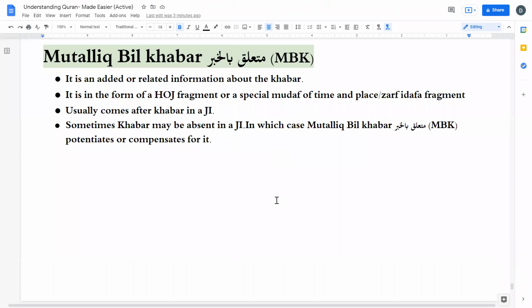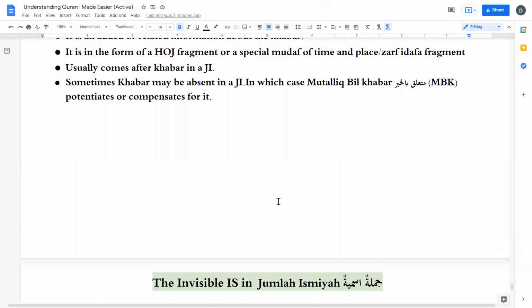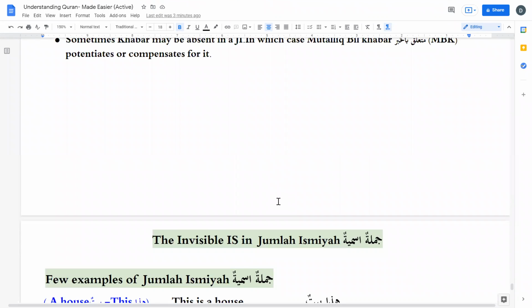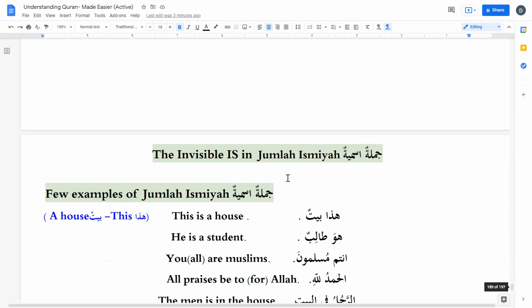Okay, now let's see one important thing about Jumlah Ismiyah, which is invisible in Jumlah Ismiyah, and it is related to when we translate an Arabic sentence into English or any other language.